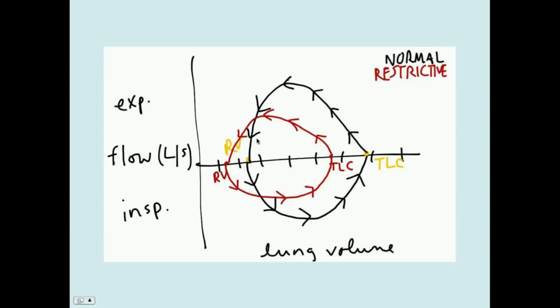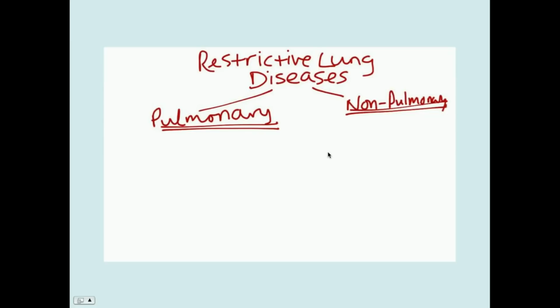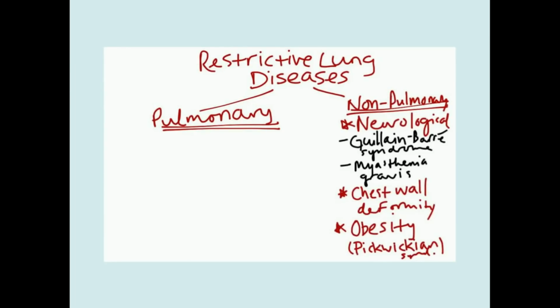Okay, so what are the restrictive lung diseases? They are those that pertain to the lung, the pulmonary diseases, and the non-pulmonary. The non-pulmonary diseases that can result in a restrictive pattern are neurological. Those are things that basically affect the nerve-muscle unit.